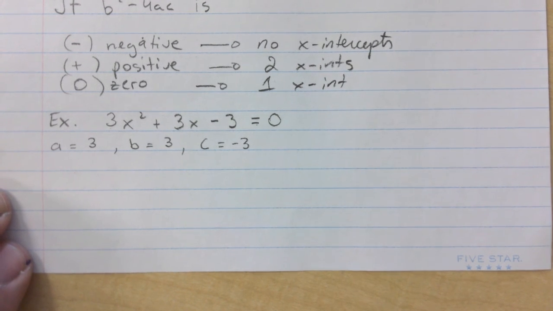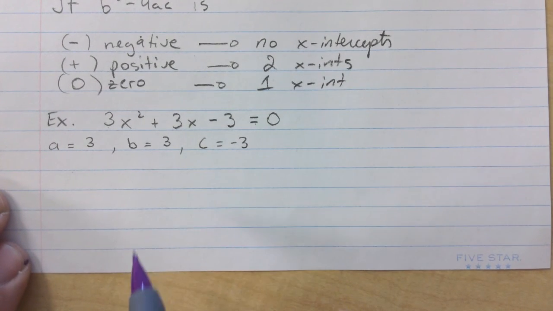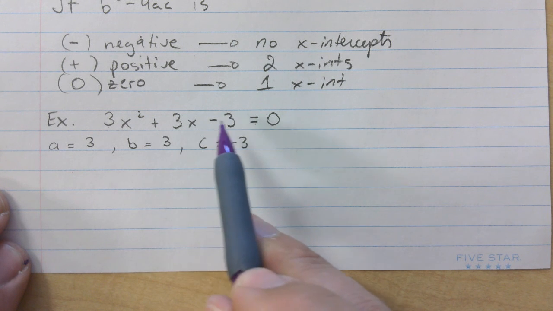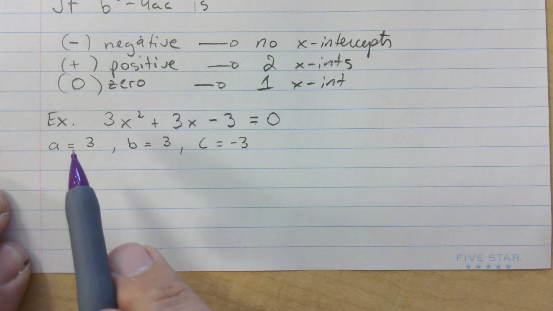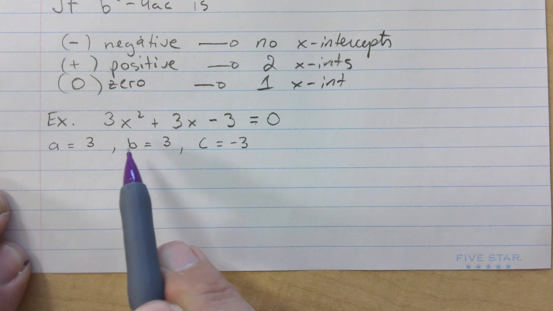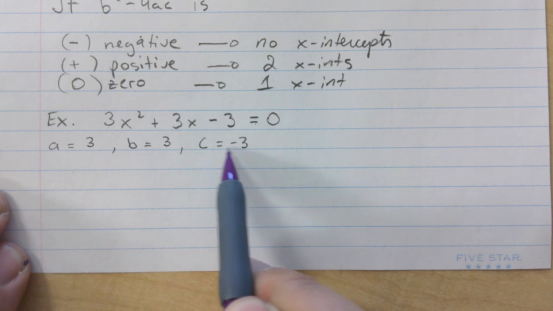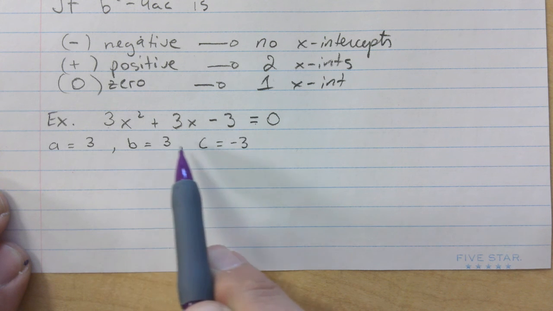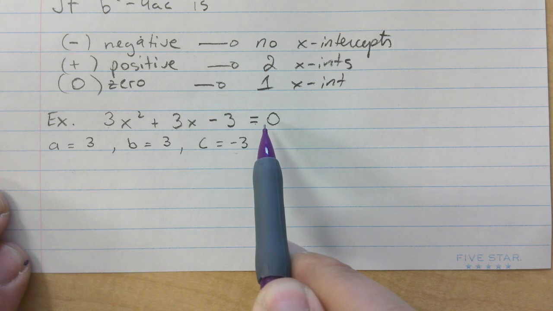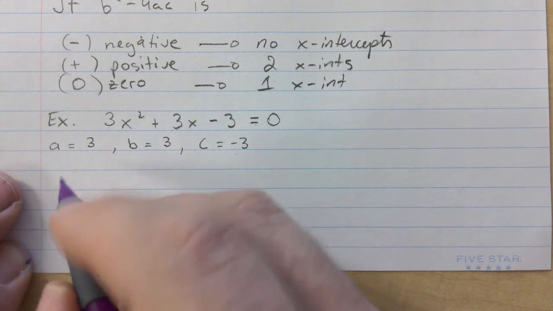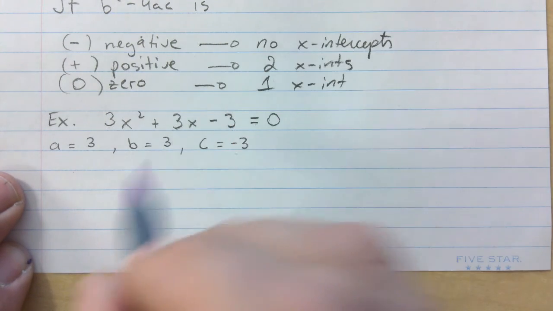So this is the quadratic equation you're given. I'm asking you to use the quadratic formula to solve or to find the roots or x-intercepts or zeros. The first step you should take is extract a, b, and c out of your equation.